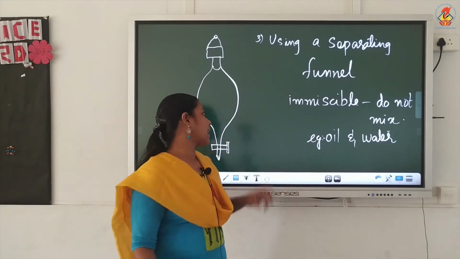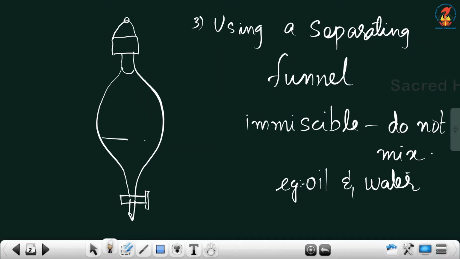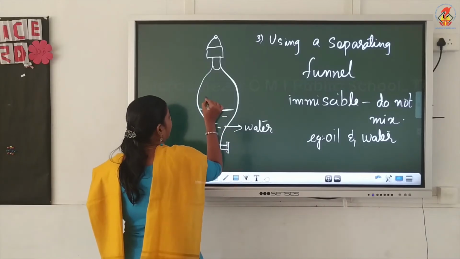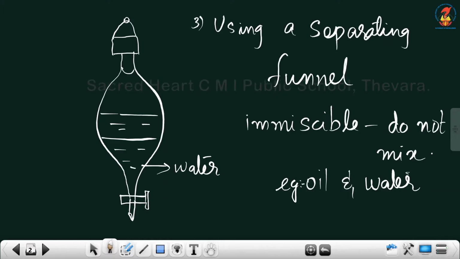At that time the water layer will come at the bottom, because it is more dense. So water will be at the bottom and the kerosene layer you can see at the top. Okay.